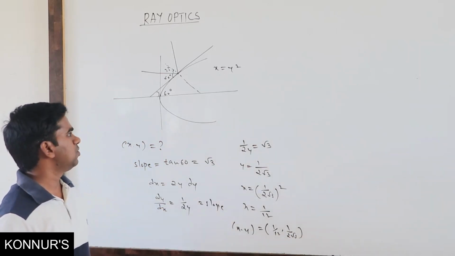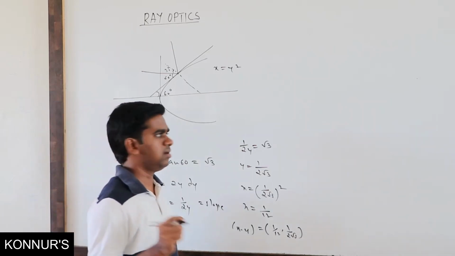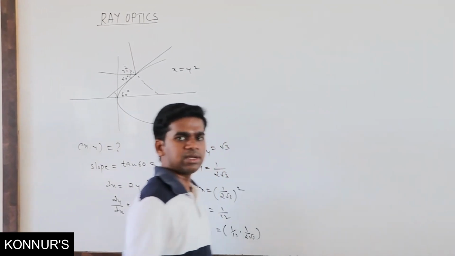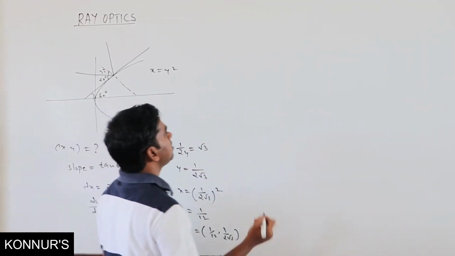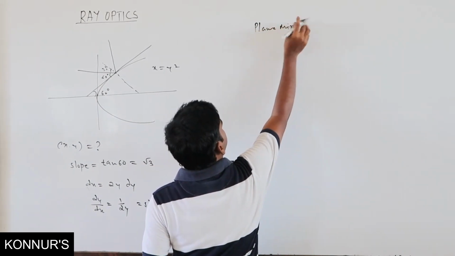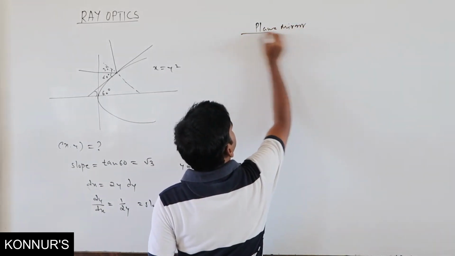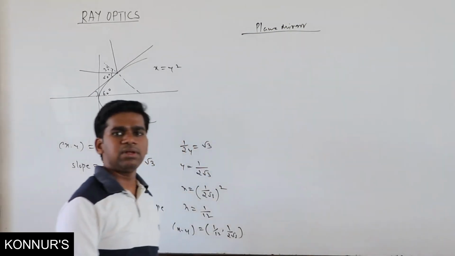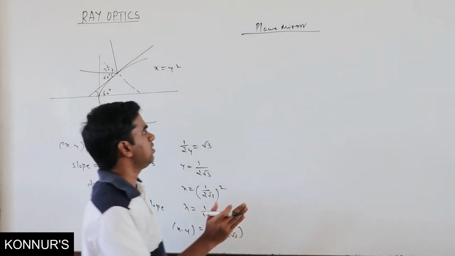Okay. So we will discuss a few things on the plane mirror. It is very important. Later again we will go with the curved surfaces. But before that, what is a plane mirror? Plane mirror is nothing but a perpendicular bisector between the image and object.